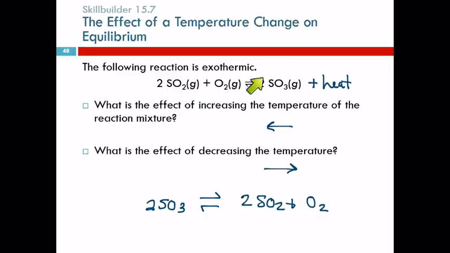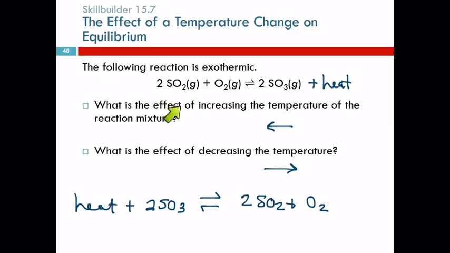So what I did here is I took this reaction and I switched the reactants and products. But heat is still going to be on the side with the SO3. So we would say that this reaction is endothermic.